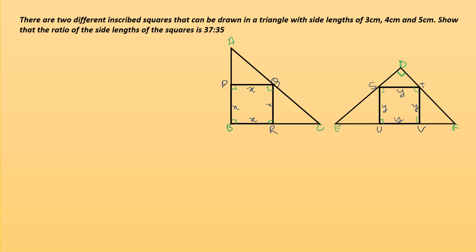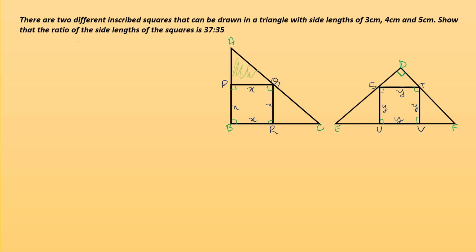So we will start with finding X, and we will use the property of similar triangles, because there are lots of similar triangles here. Triangle APQ is similar to the whole triangle ABC.